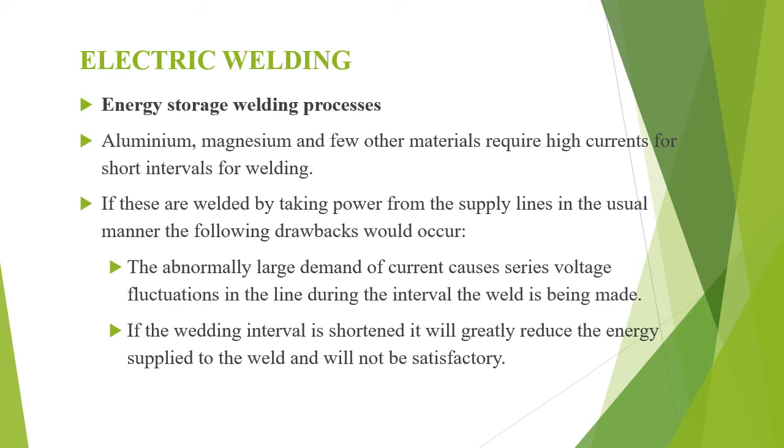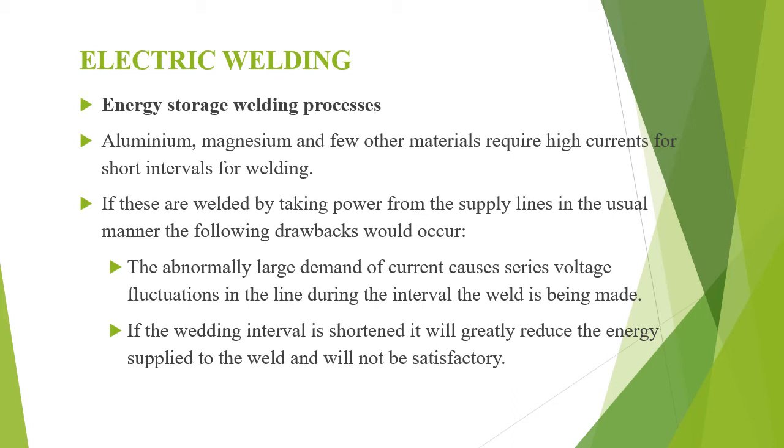Energy storage welding processes. Aluminium, magnesium and a few other materials require high currents for a short interval of time for welding. But if these are welded by taking power from the supply lines in the usual manner, the following drawbacks arise.